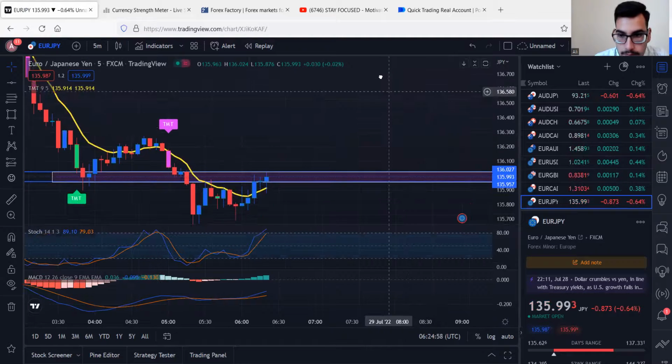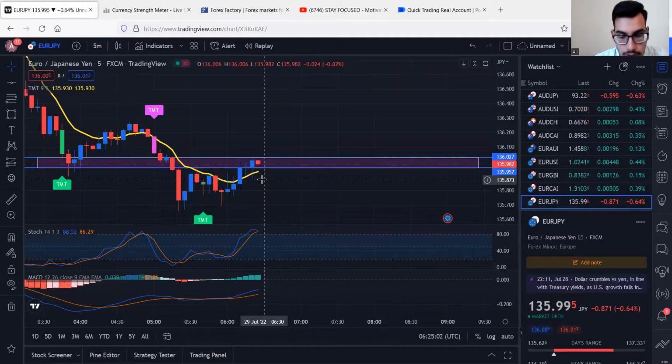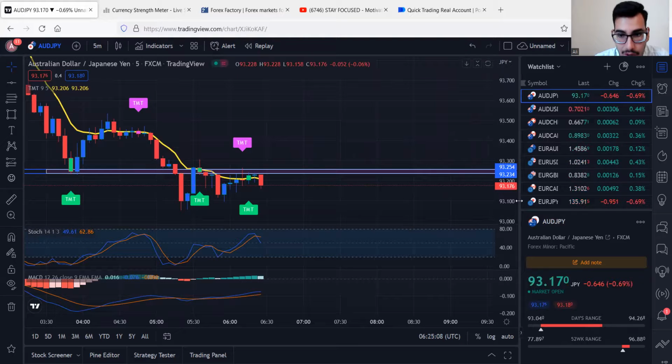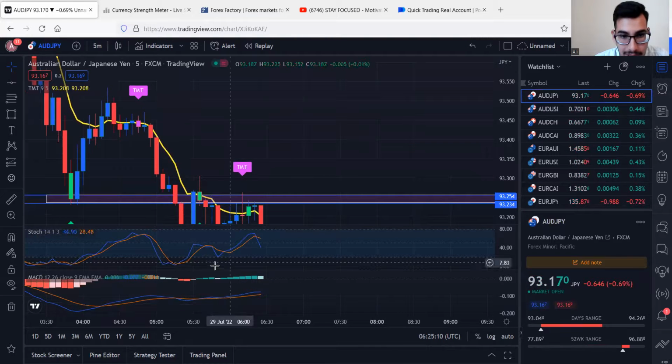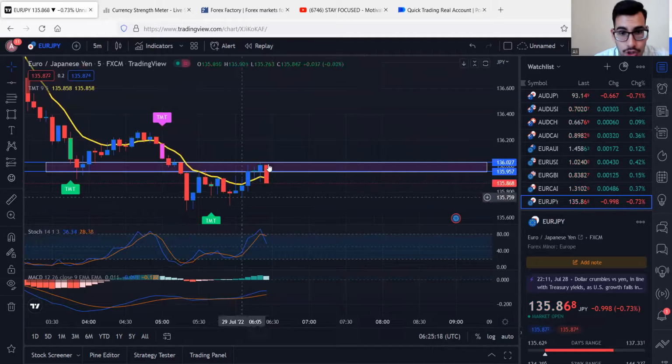Euro JPY. So look what it did. It came to here. Those who took that trade won that. That is awesome. That is great. And look at this. Once again, AUD JPY hit my area one more time and now it's going down again. Wow, look at this. Euro JPY as well. Does anyone manage to take a trade there? EJ clearing 2 trades.